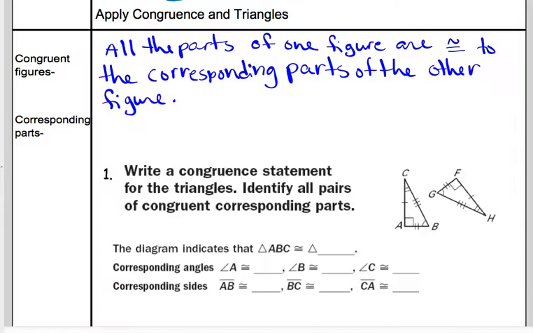So if that didn't make sense, now we're going to talk about corresponding parts, which should help clear up this definition.